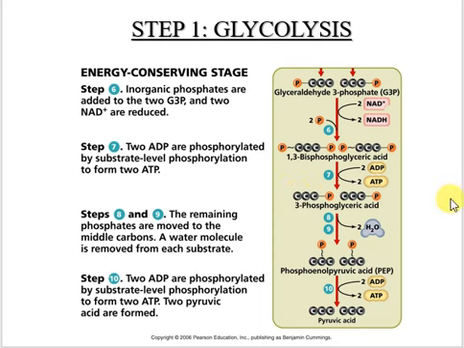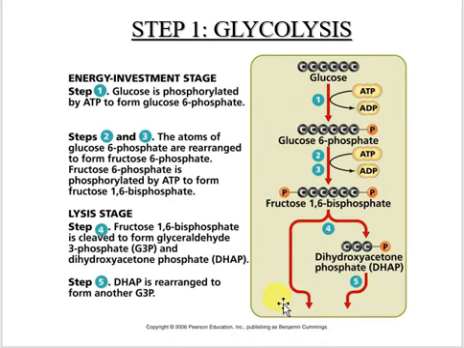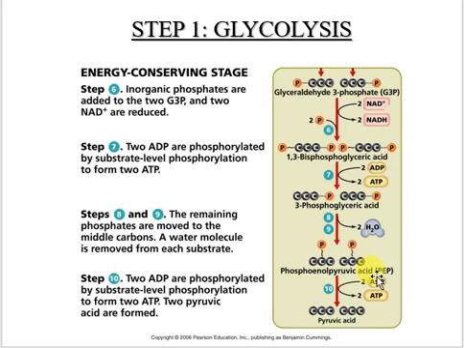Right, so right at the end of the energy investment stage, you cleave this molecule in half so that you get 2 3-carbon compounds, each containing a phosphate group. Right, they're each called DHAP. And then those are rearranged to form 2 molecules of G3P.